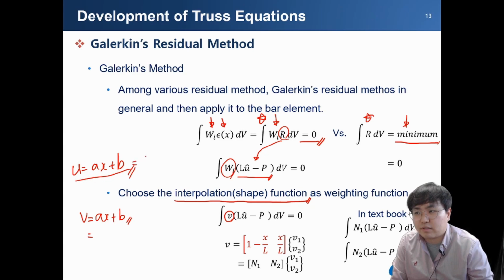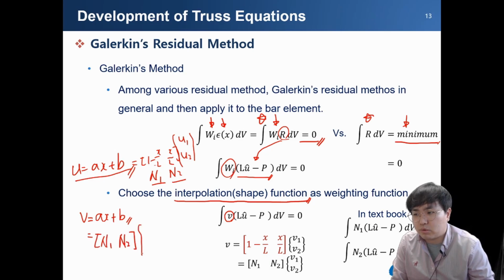Finally this becomes a relationship between u1 and u2, and in here we change this function to N1 and N2 as shape functions. Similarly, this v variable will also have that kind of relationship, so we are going to use this value in here.